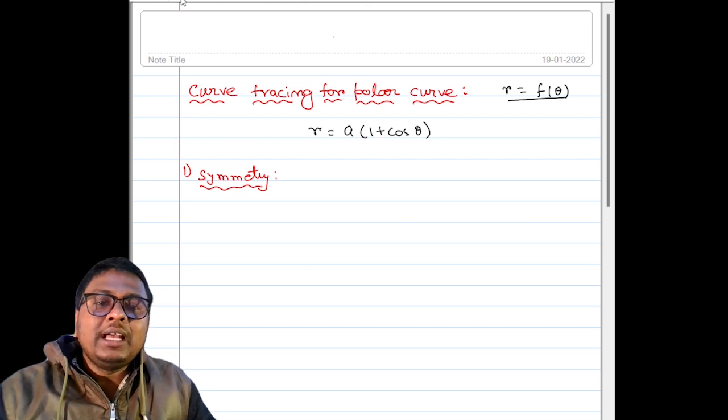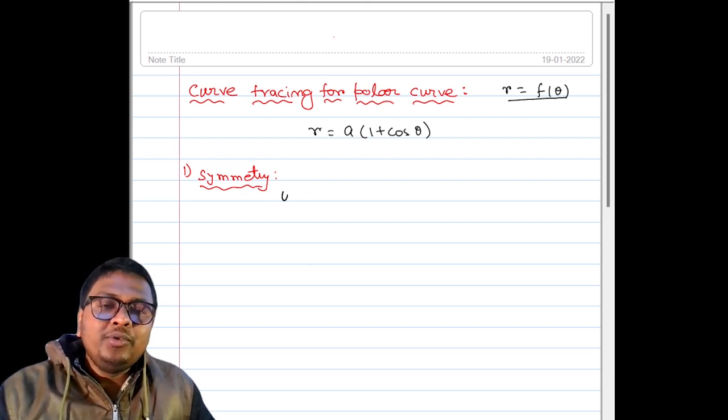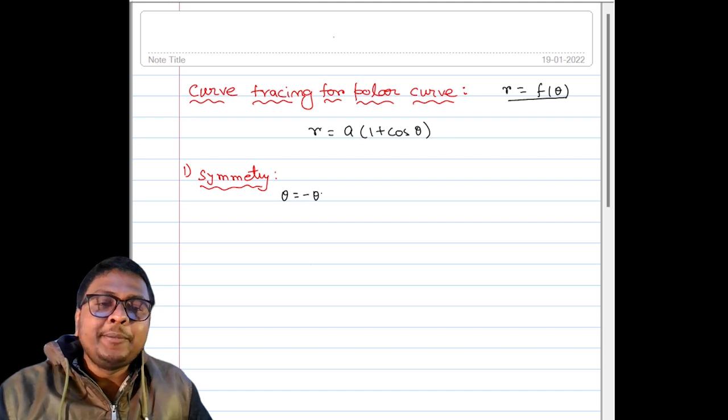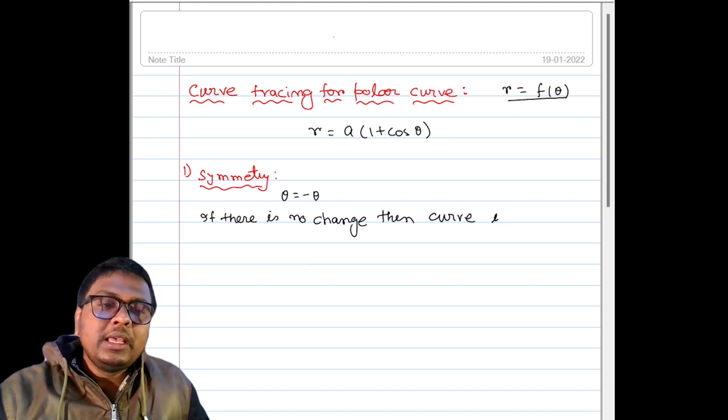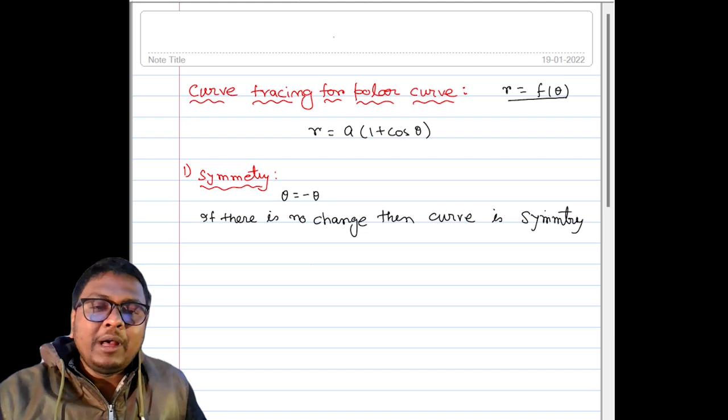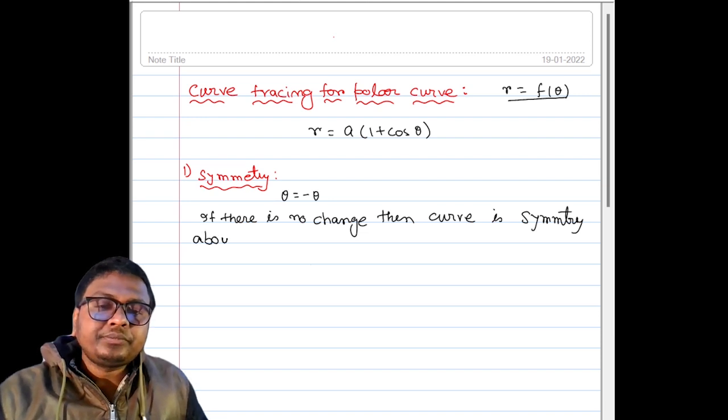So for a polar curve, you put theta equals minus theta, and if there is no change in the given equation, then the curve is symmetric about the initial line.